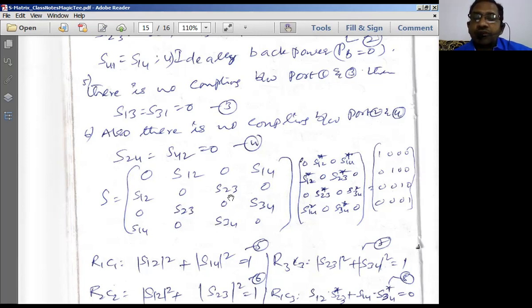So we should try to go with the duplicate values so that it can be solved very quickly and easily. Right. The next is S42. 2 and 4 are decoupled ports. Therefore, this is 0. S43 is nothing but equal to S34. So I can write S34.